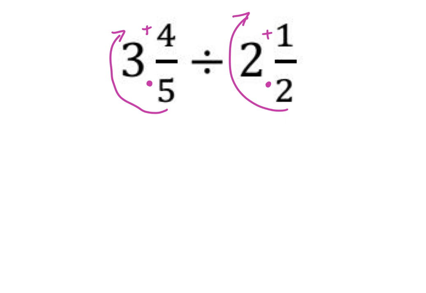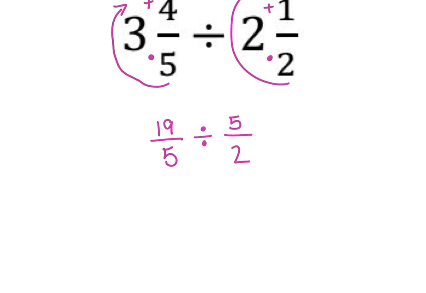So 5 times 3 is 15. 15 plus 4 is 19. Denominator stays the same. Keep the division symbol right now. We're not ready to do any flipping and whatever. You'll confuse yourself. Let's get this into an improper fraction first. Then we have 2 times 2 is 4, plus 1 is 5. Denominator stays the same.